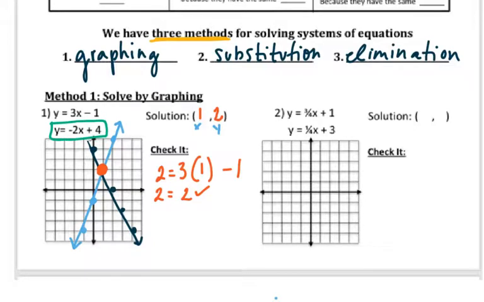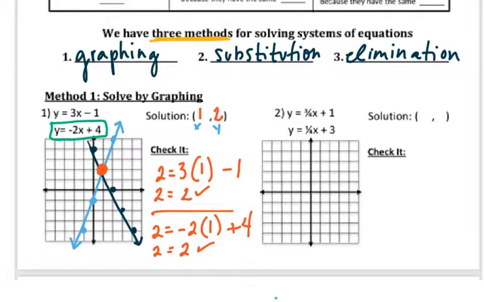In this one here, it says start with your y. My y value of my solution is 2. So y is 2. This equation says -2 times x. Let's see, x is 1. And then plus 4. Let's see if that's true. 2 equals -2 times 1 is -2. -2 plus 4 is +2. Yep.